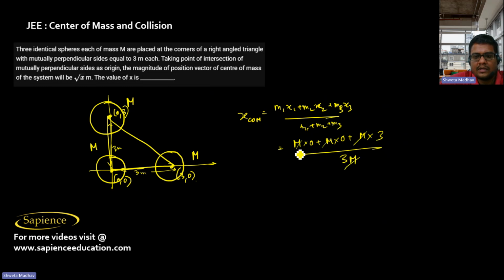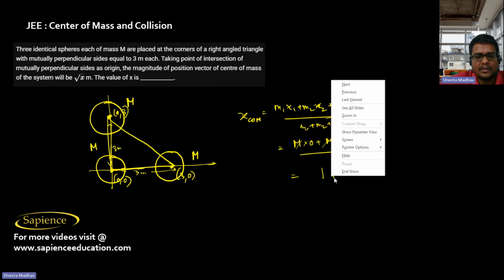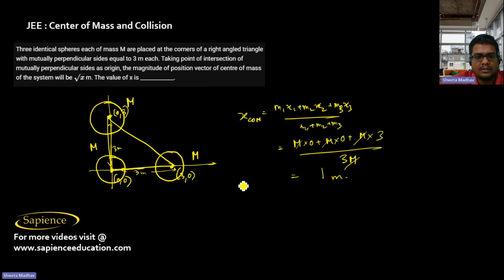So m will cancel. That is 3m by 3m, that is 1 meter. And the y coordinate of the center of mass.